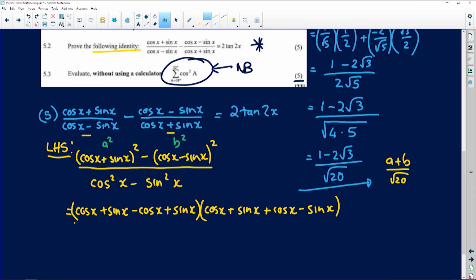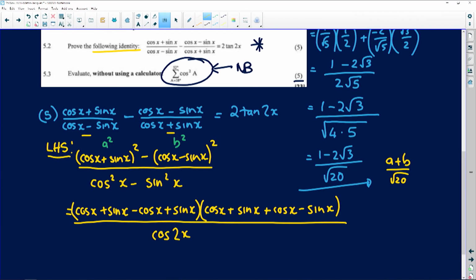Okay, now all of this goes over, where's my denominator? Cos squared minus sin squared, which is the cos of 2x, my double angle formula. Now let's see what happens to the top. I might have been too clever for myself here. Let's see what we have. We have cos minus cos, which is nothing. So I have sine plus sine is 2 sin x.